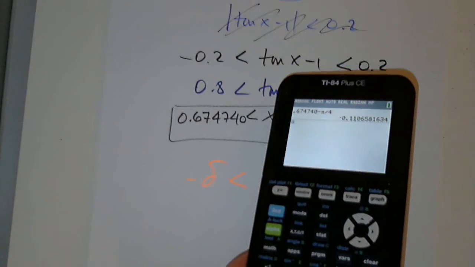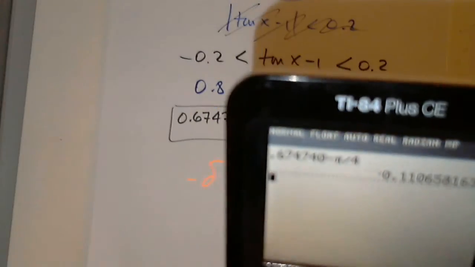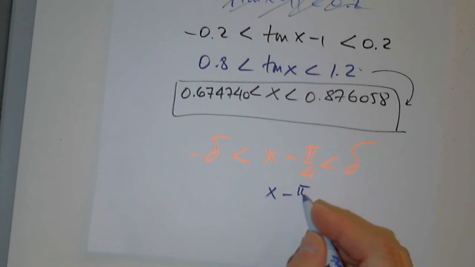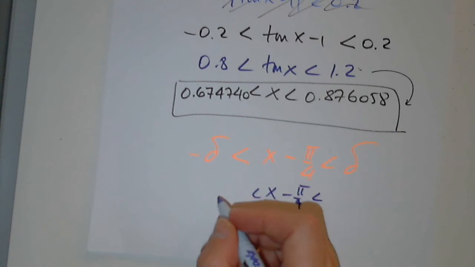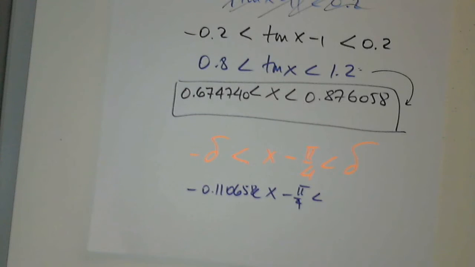And I got this. You don't have to see it. I'm sure you get the same thing. So then x minus pi over 4 is greater than negative 0.110658.